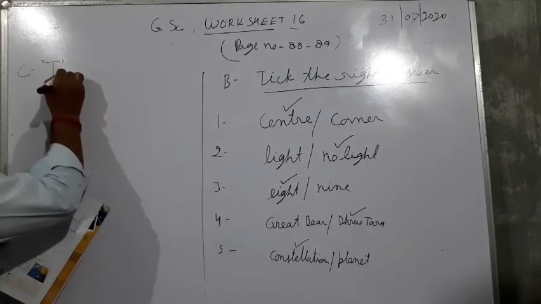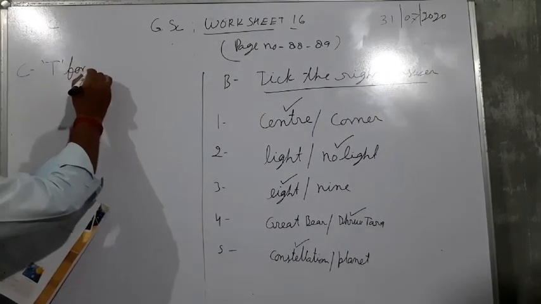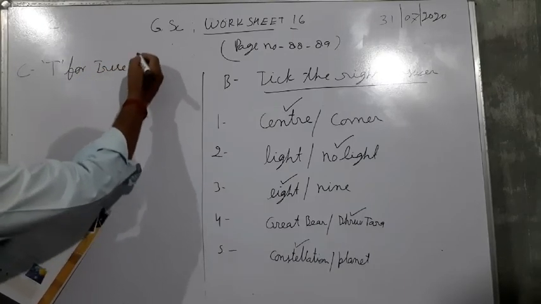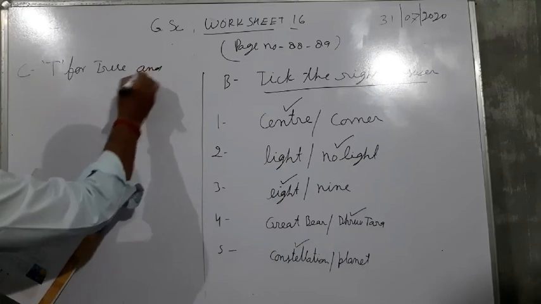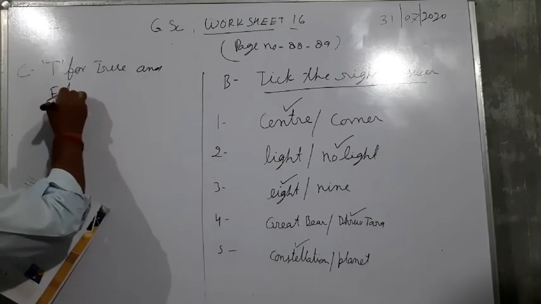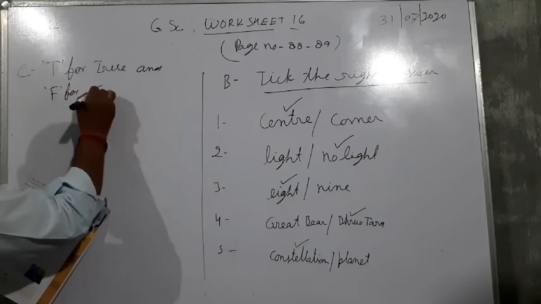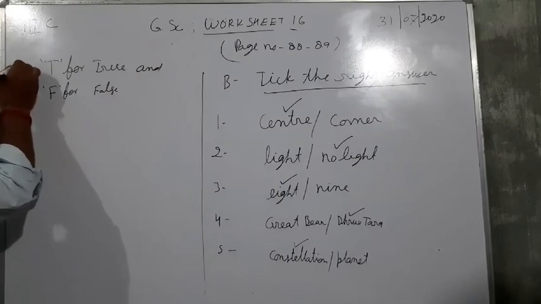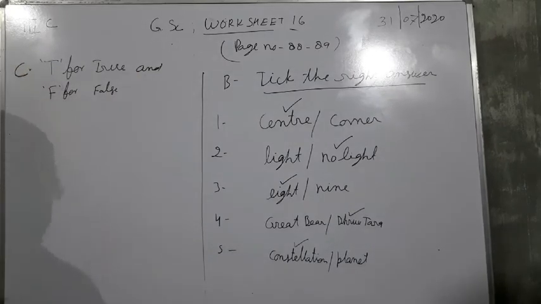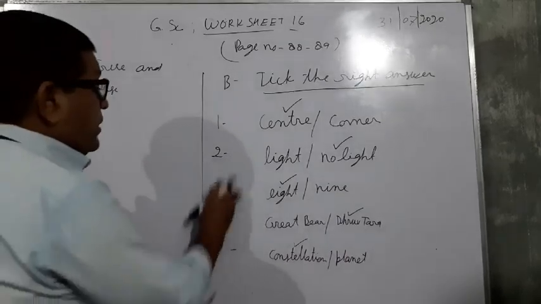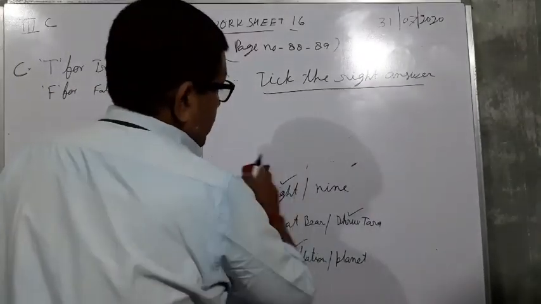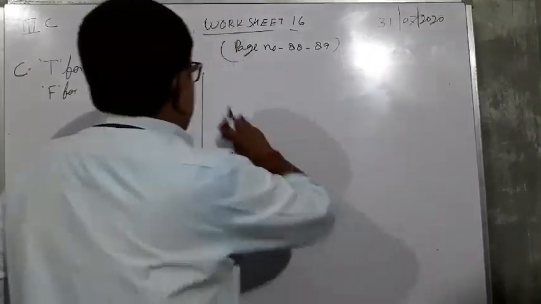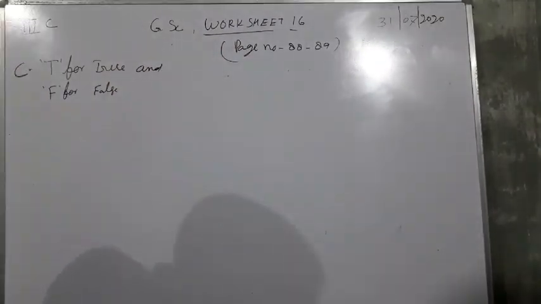First you write in your book, then write in your notebook. You have to write T for true and F for false. So we can rub this B portion. I think that you have written the B portion. So we are going to solve portion number C. In C you have to write true and false.